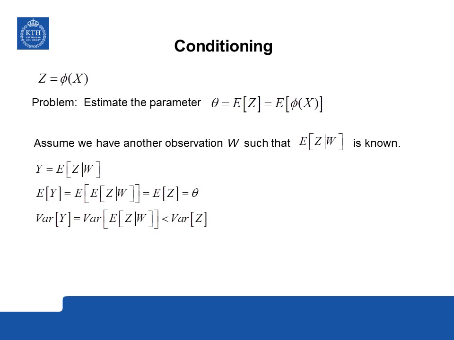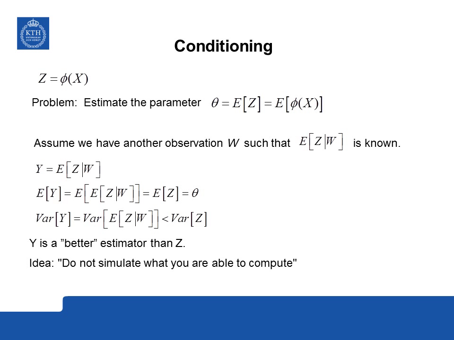So the expectation of y is the same as theta, so if we estimate y, we can also estimate theta. More importantly, we can show that the variance of y is less than the variance of z. So y is a better estimator than z itself.